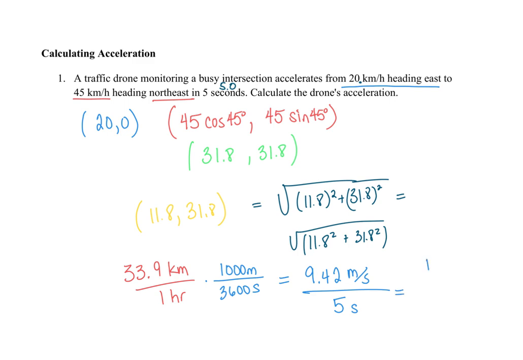And you get 1.9 meters per second squared. I only gave you one significant digit in the question here. So if you did it in significant digits, it would be 2 meters per second squared. If I had given you multiple decimal places, which I typically would give you more than just one significant digit, it would be that 1.9.